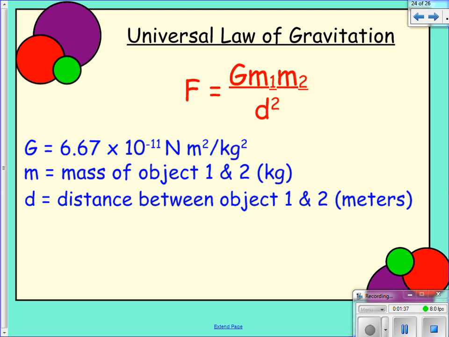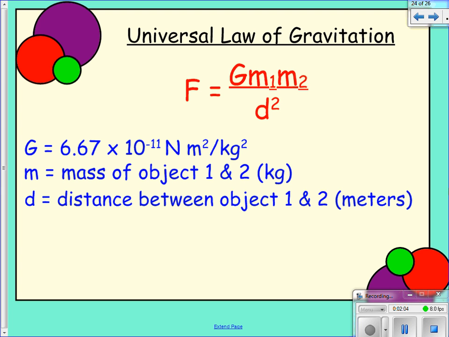For example, you are attracted to the computer screen or phone that you're viewing this video on. You are attracted gravitationally towards that device, and likewise that device is gravitationally attracted towards you. You're also attracted to the door in the room, and maybe the pen or pencil sitting in front of you. You're attracted gravitationally to everything that has mass, which is really an astounding thing to think about.